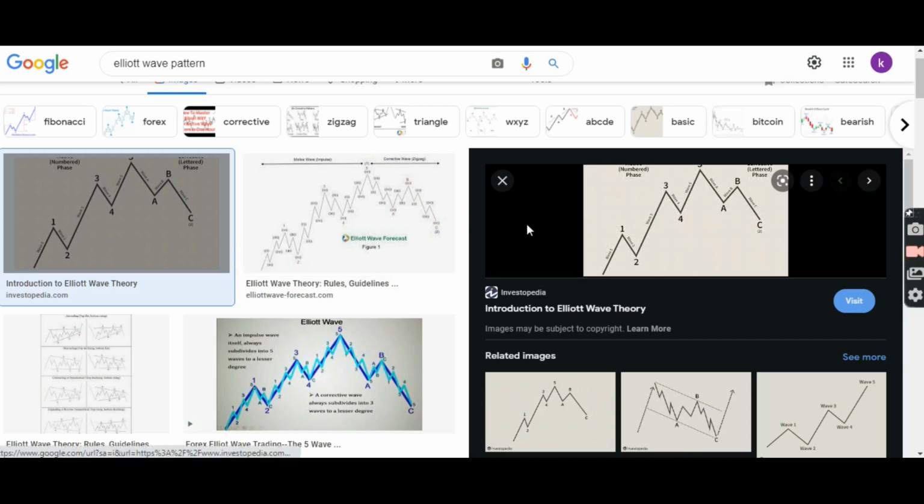So according to Elliott, this 1 2 3 4 5 wave or cycle is an impulse, and then this ABC is a correction. But what you need to understand is within every correction or every impulse, there are smaller impulses and corrections. Like here, guys, it's impulse, correction, impulse, correction, impulse, and a bigger correction.